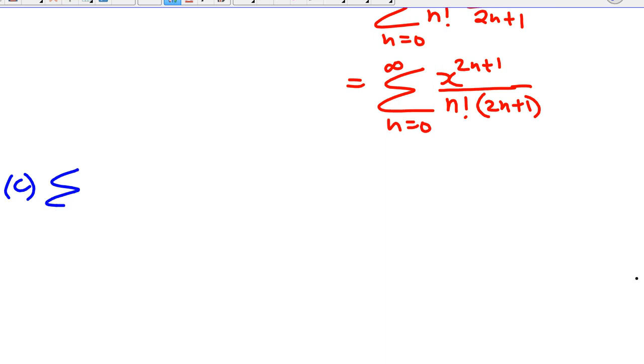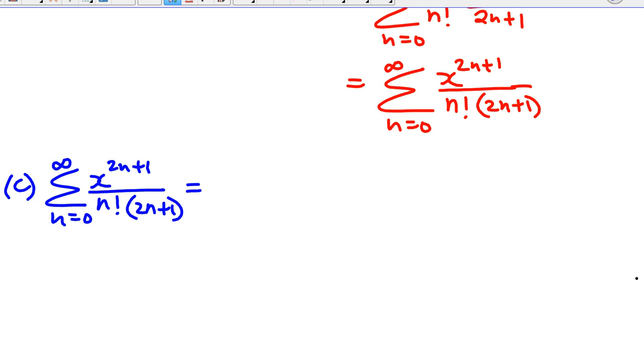The sum from n equals 0 to infinity of this series is our series, but we are producing the first 4 terms.